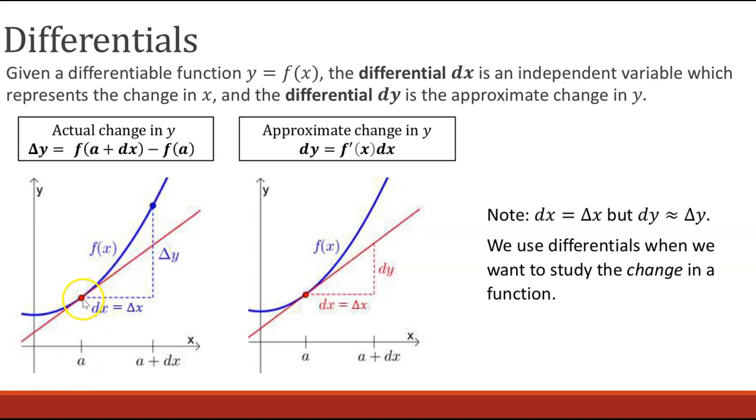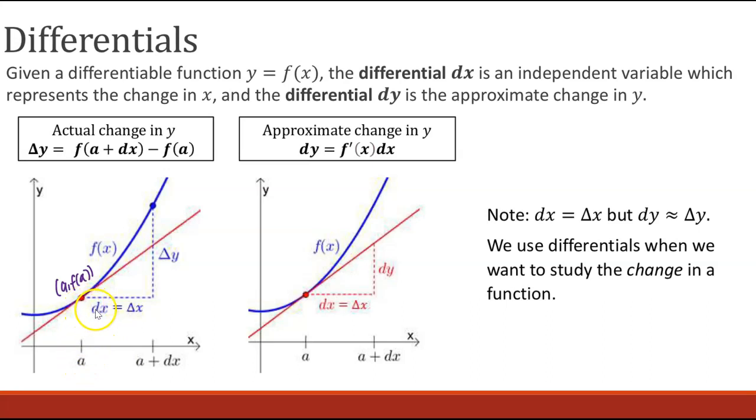Starting on this first graph here, we have our function f of x, and we have a point on f of x. This is the coordinate point a, f of a. Now, if we move a small distance away from a, let's call that distance dx or delta x. Those are interchangeable. That is a small change in the x value moving away from a.